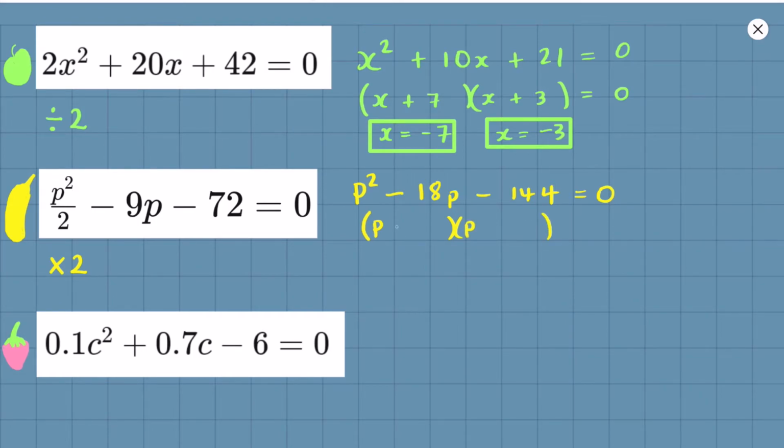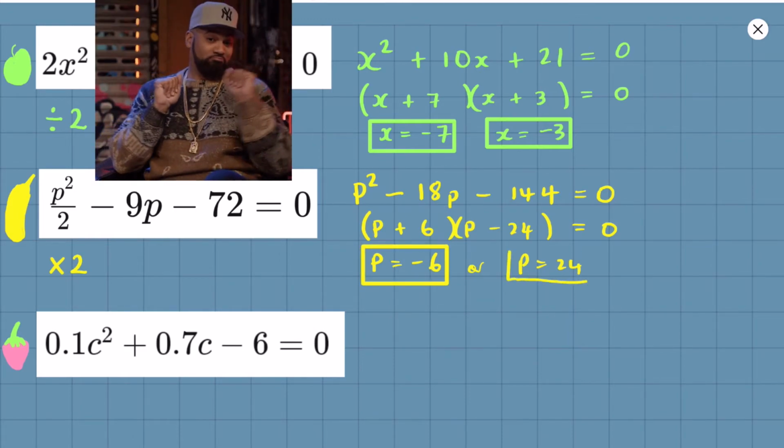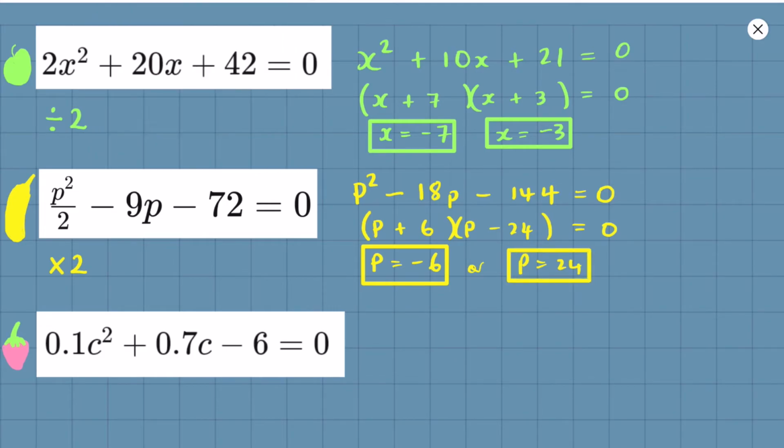And to get to that, we're plus 6, subtract 24. And our roots. Actually, you might want to write 6 instead of 7. Or p equals 24. Excuse me while I draw a box around.